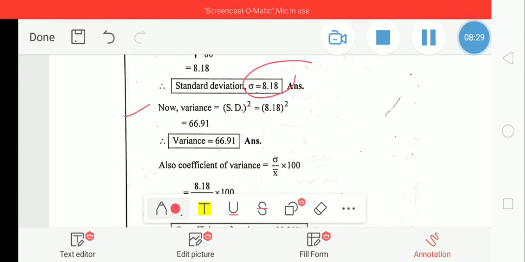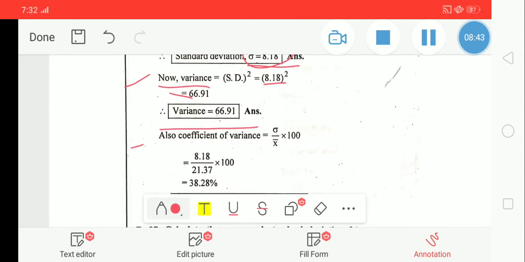Now variance, we know that variance is equal to standard deviation square, that is SD square. Here standard deviation is 8.18, so 8.18 square gives 66.91. Variance is 66.91. Also find the coefficient of variance. We know that coefficient of variance is sigma divided by mean, x bar, multiplied by 100.